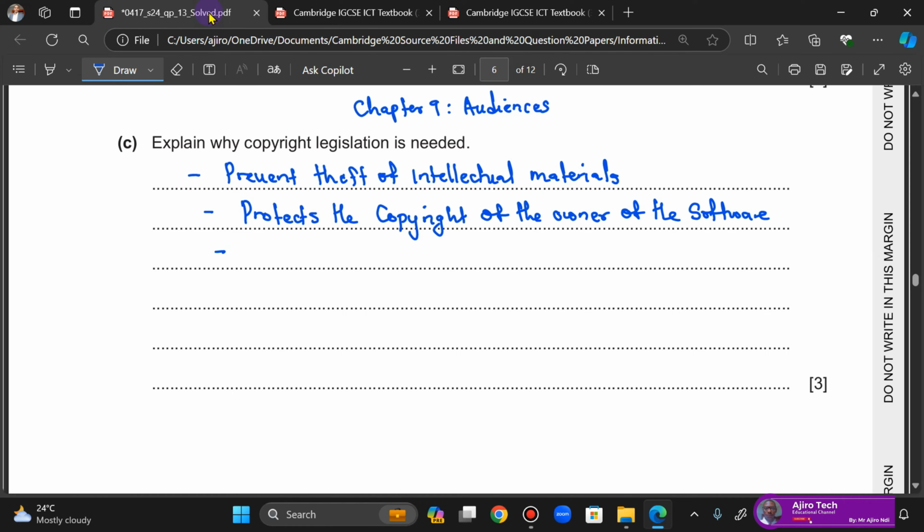It also ensures people are rewarded for their endeavors. Okay?